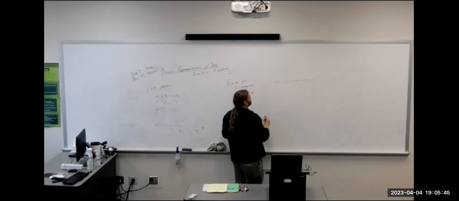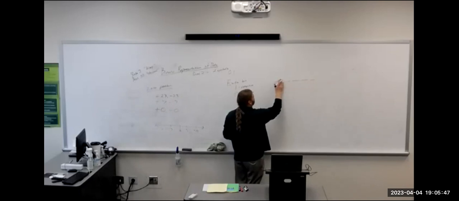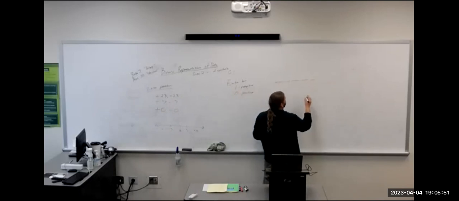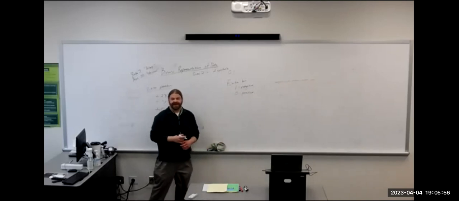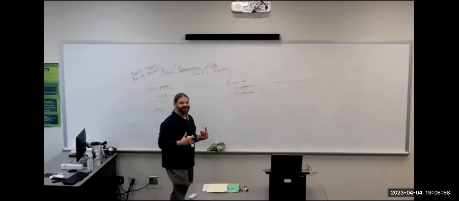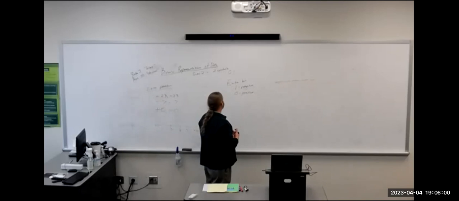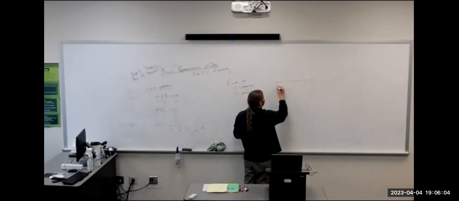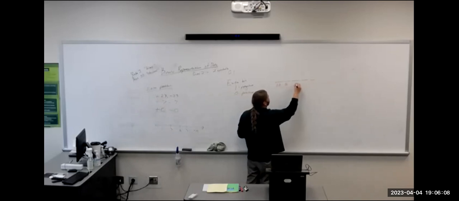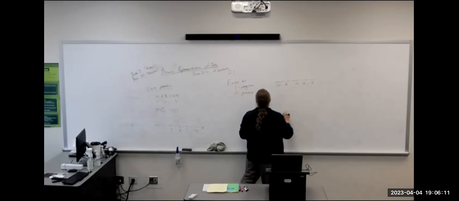So then if we had positive 23, we need 5 bits to do that. No, we need 4. Oh, 5. 1111 would be 15, so we need to double that in order to get to 23. So we have a 32, a 16, 8, 4, 2, 1.